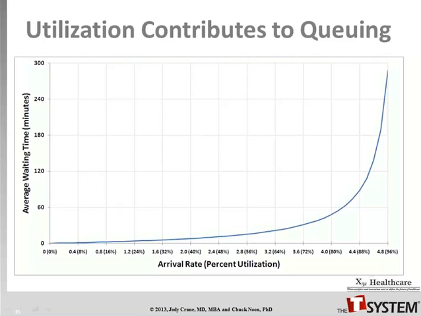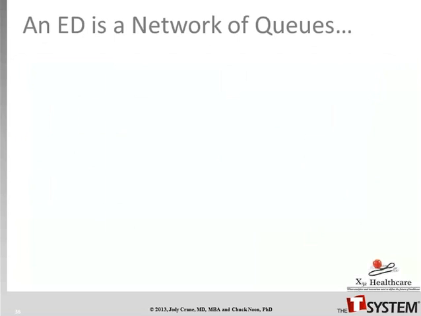If you don't touch variation, but you work very hard at decreasing the average service time, for example, you can provide much more responsive care to your patients with the same resources. So when we talk about targeting improvement, it's really all about reducing length of stay. How do you reduce length of stay? You reduce the amount of queuing in the system.